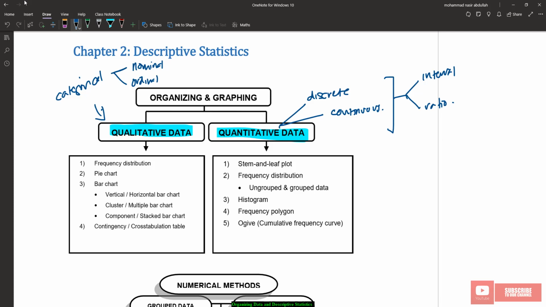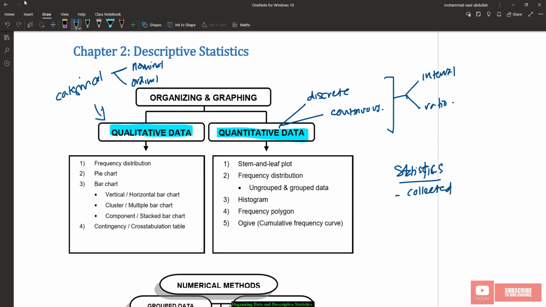Right. So for qualitative variable, before we start this one, let's recall the definition of statistics. Statistics has 5 elements, right? First, it starts with how information, commonly known as data, is collected.